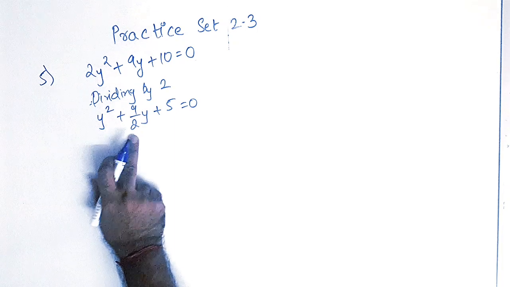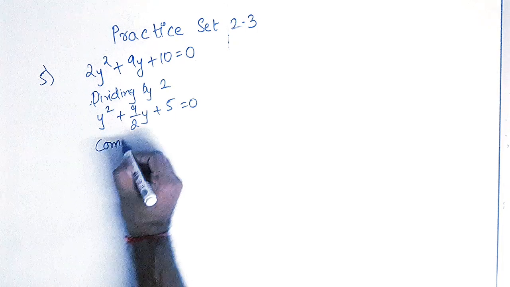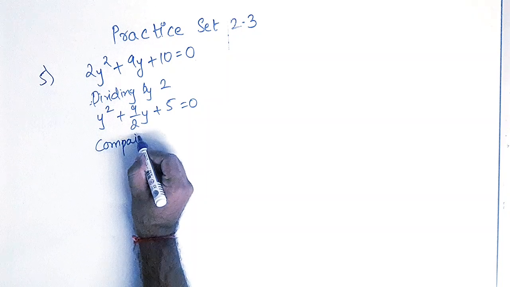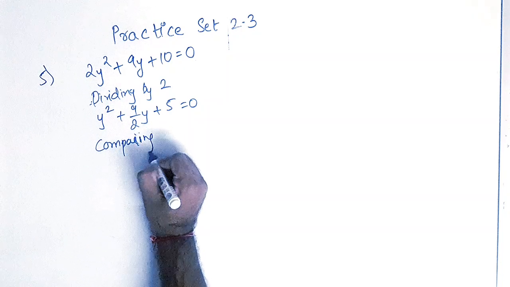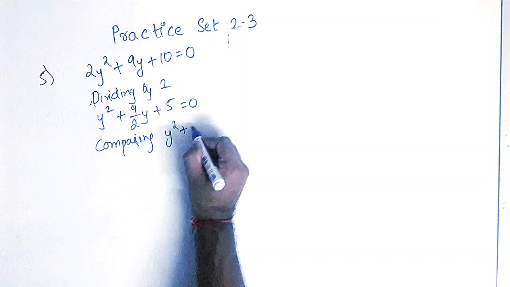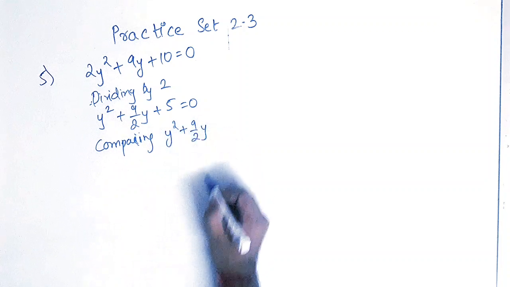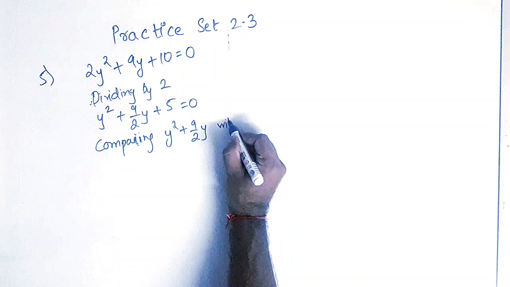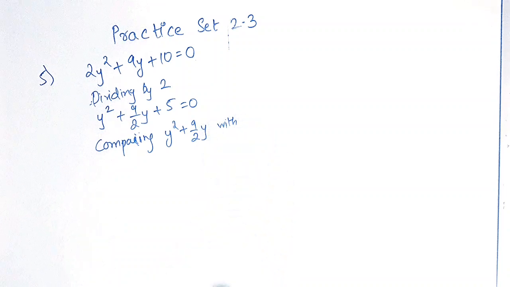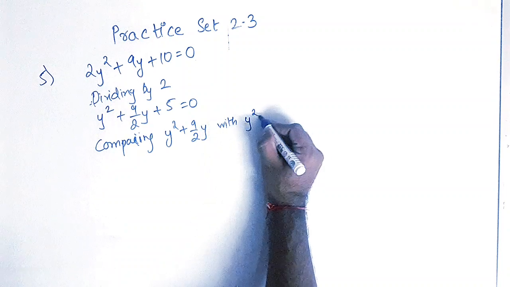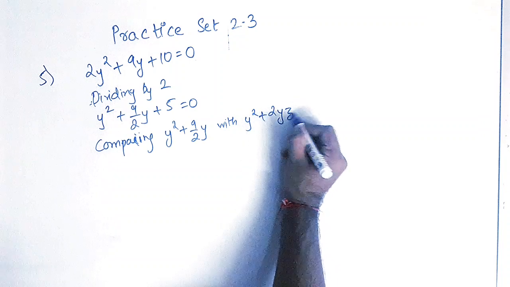Now you can compare the first and the second term, y square plus 9 upon 2y, with y square plus 2yz.